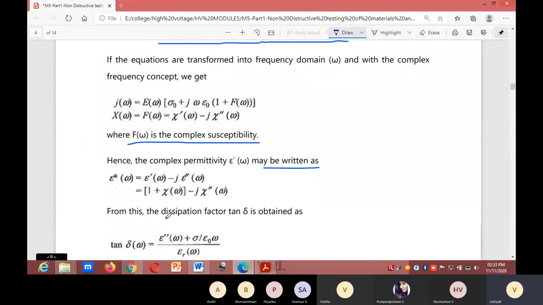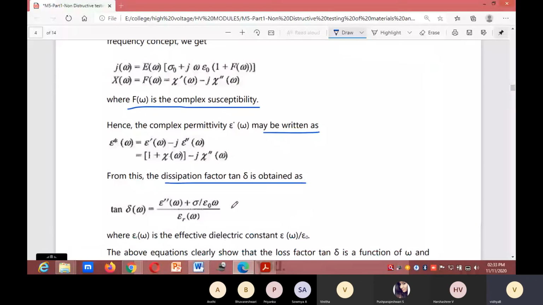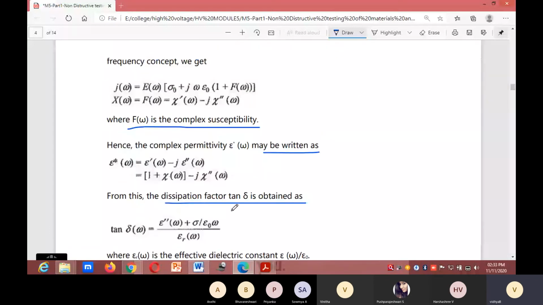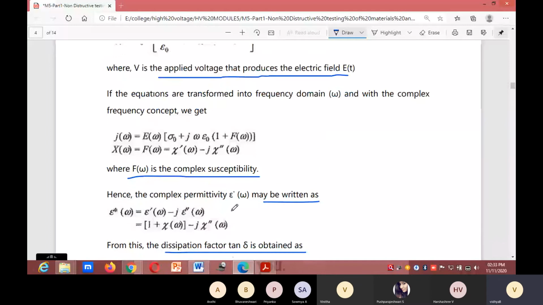The dissipation factor tan delta is obtained as tan delta of omega.